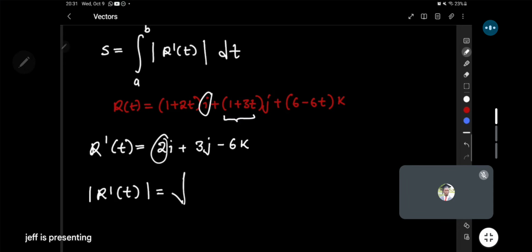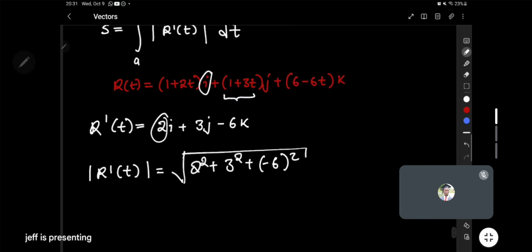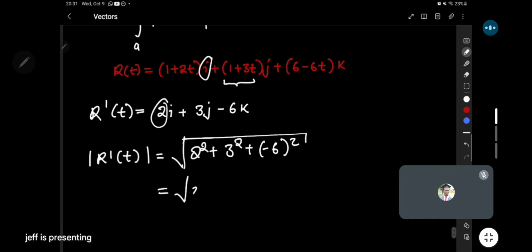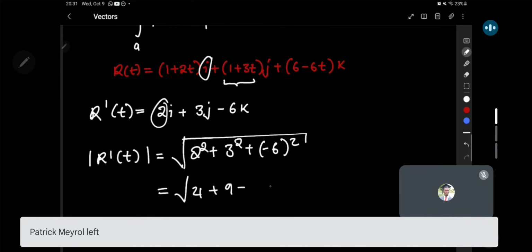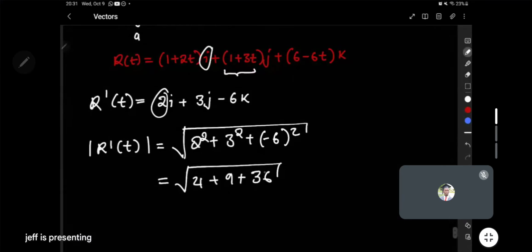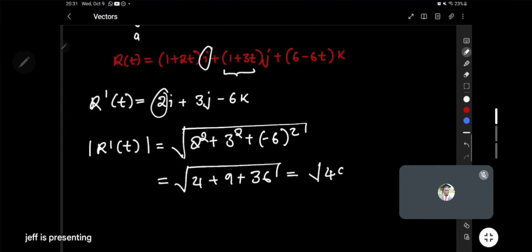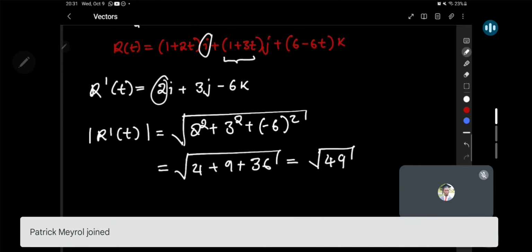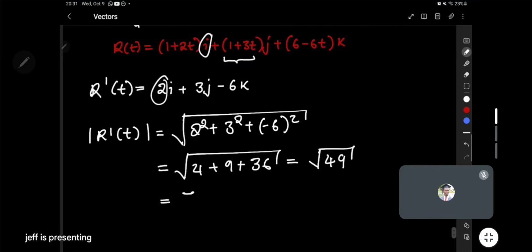So just get 2 squared plus 3 squared plus negative 6 squared. 2 squared, that is 4. Then we have 9 here. Then we have 36 here. So 36 and 4, 40, plus 9 gives you root 49. Root 49 is 7. So you have seen that the magnitude of the derivative here reduces to just 7.